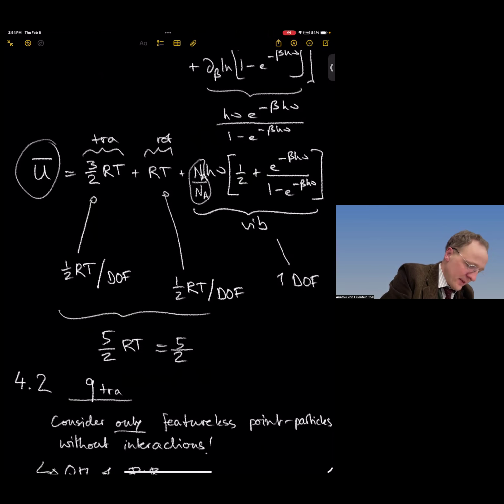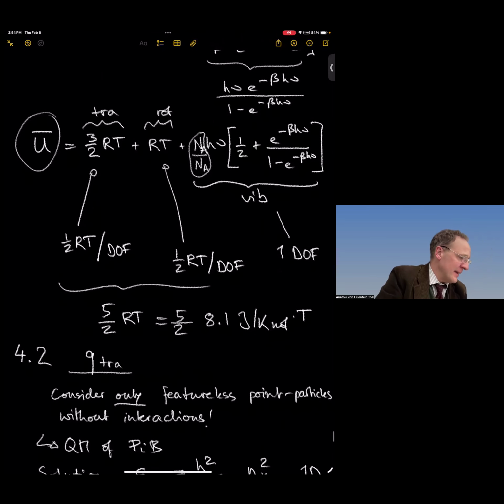And that is 8.1 joule per Kelvin and mole times T. And at 300 Kelvin, that's 5/2 times 2,400 joules per mole.